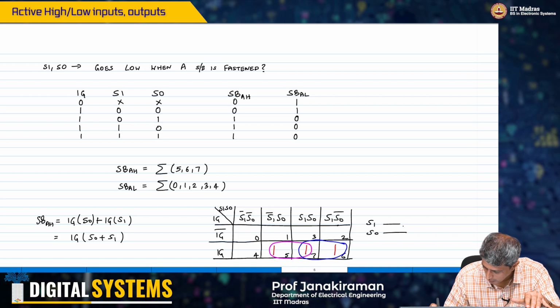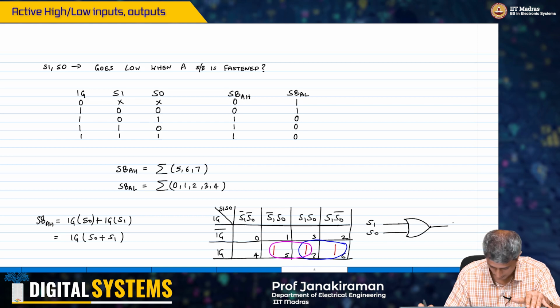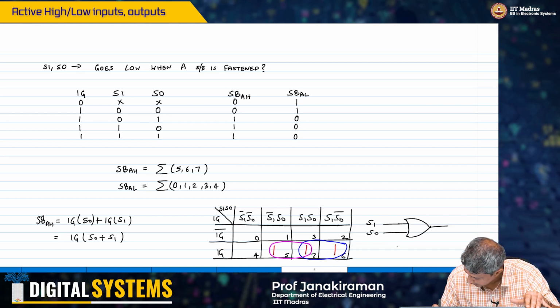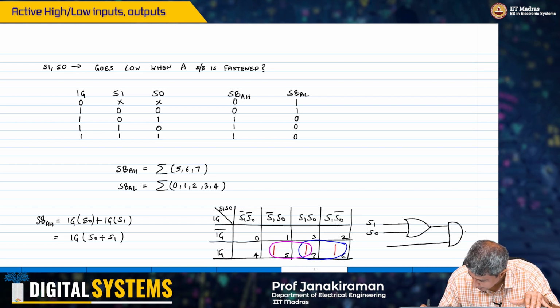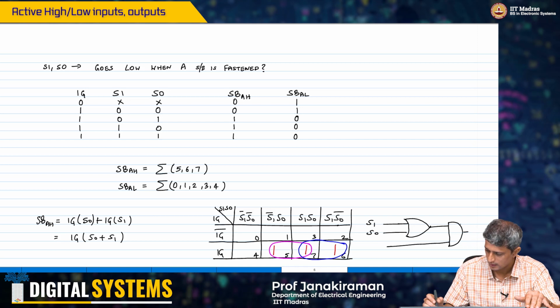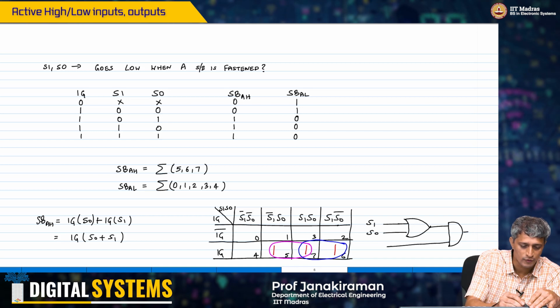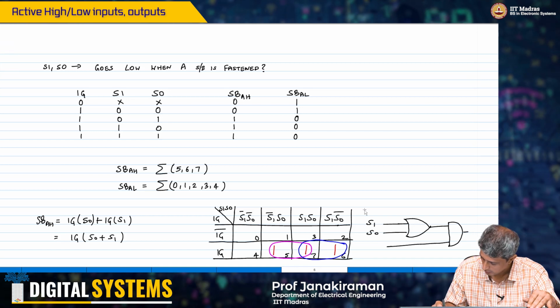S1 S0, it's an OR gate, S0 or S1, and then I am going to AND with this. So this is my, okay, I don't have space here, so I'll have to move it.